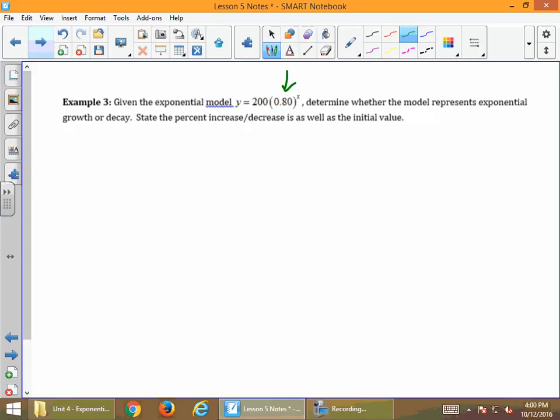If it's bigger than 1, remember it's going to be growth. If it's smaller than 1, it's going to be decay. It's not necessarily always written as a fraction. So because what's inside our parentheses is smaller than 1, 0.80 is smaller than 1, then we know it's decay. If it was bigger than 1, then it would have been growth.